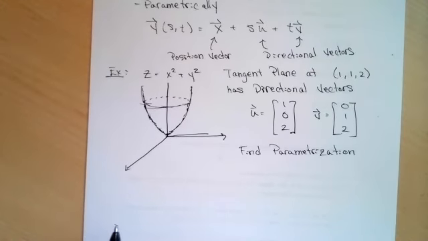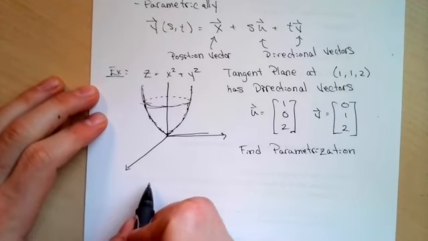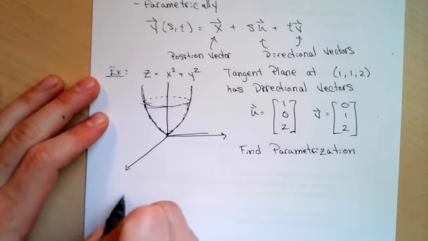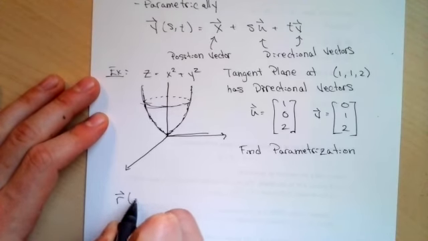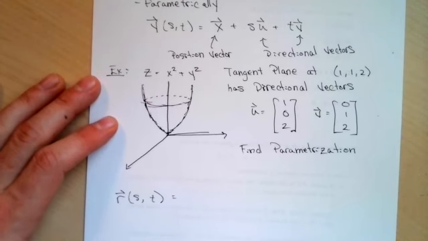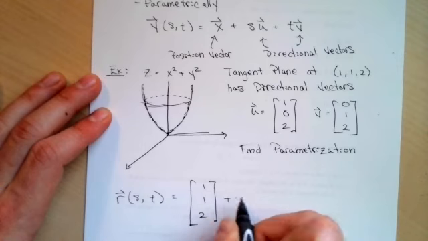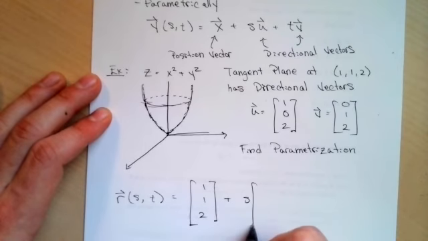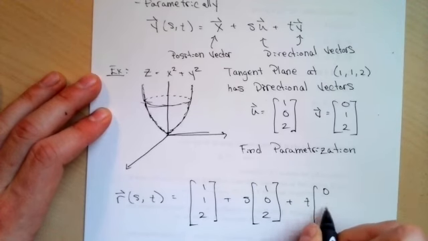Let's see, I don't want to use y because we want to use y as one of the coordinates. Let's just pick another independent variable. Let's actually call it r of s and t, which is going to be the starting vector 1, 1, 2 plus s times our first directional vector plus t times the second directional vector.